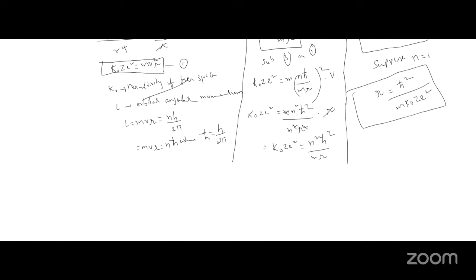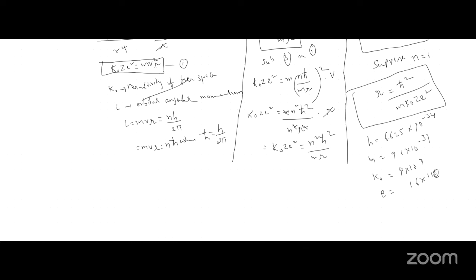Suppose h equal to 6.625 into 10 to the power of minus 34. The m value I am substituting is 9.1 into 10 to the power of minus 31. Next, K naught is equal to 9 into 10 power 9. Suppose the charge of the electron I am substituting 1.6 into 10 power of minus 19.